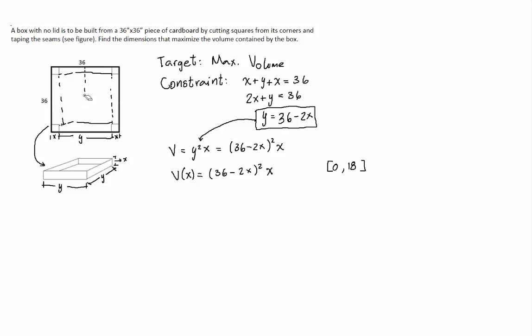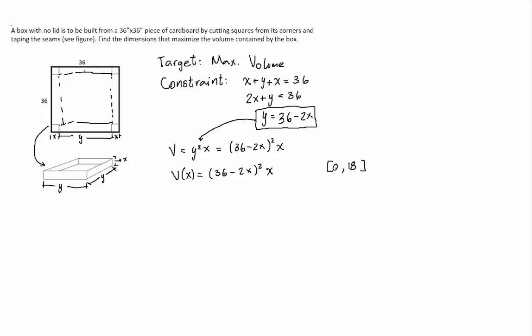Let me erase those lines because they're not part of the problem. So that would be your closed interval. That would be where you're looking for the max. So what do we do when we want to find a maximum or minimum on a closed interval? What we do is we set the derivative equal to 0 and solve, and then we evaluate the function on the endpoints and on the critical numbers, and then we check which one is the maximum and which one is the minimum.